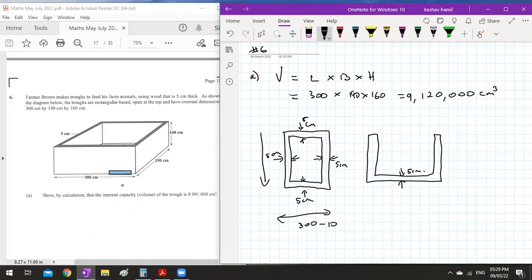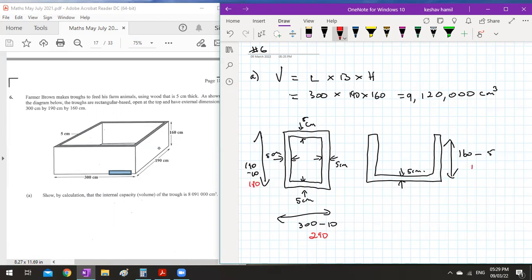In this direction, if this is 190, you'll be losing again 5 and 5, which is 10 centimeters. And in the height, you'll only be losing 1 set of 5, so the height, which is 160, you'll be losing 5.